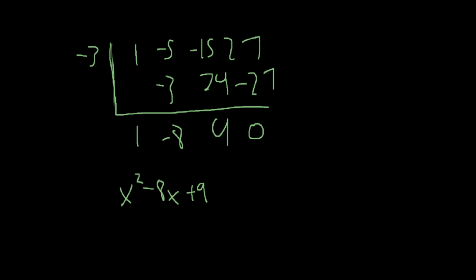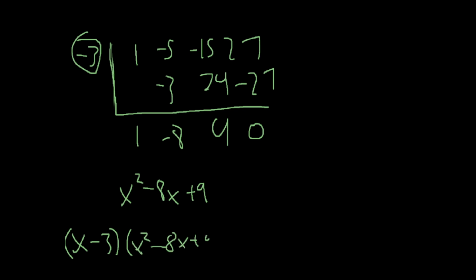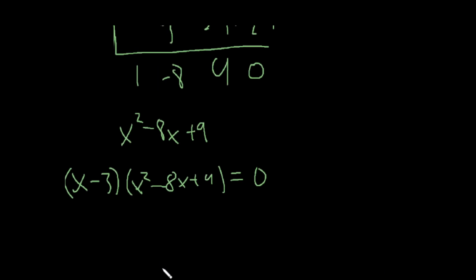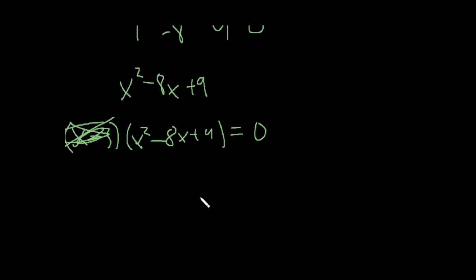Okay, so show all your steps to determine the roots. Well, there's one root right here. So x minus 3, x squared minus 8x plus 9 equals 0. We already know 1, so we ignore this. Solve for this. 9 and negative 8.